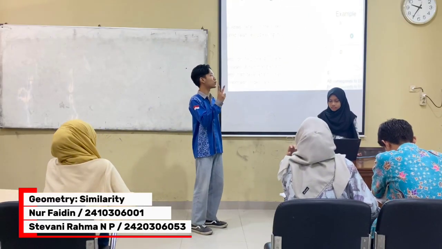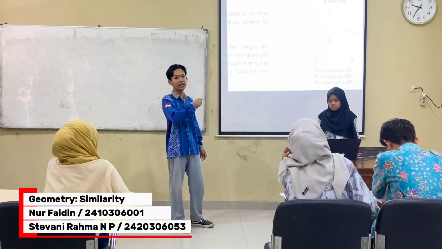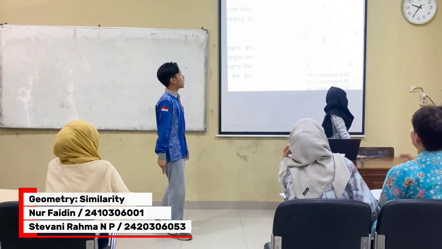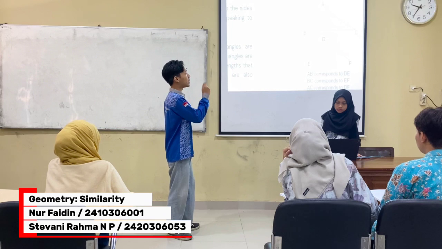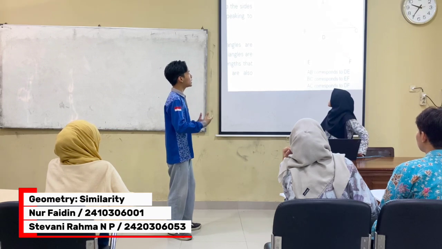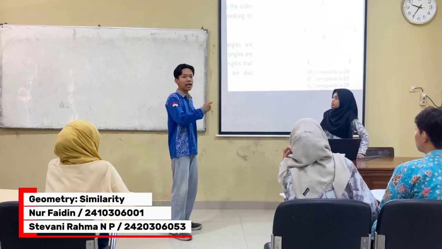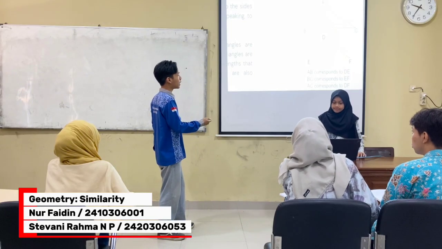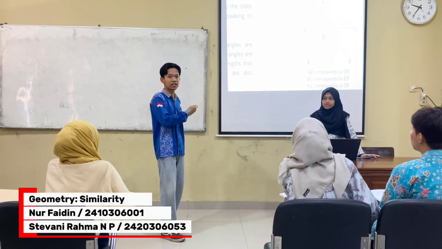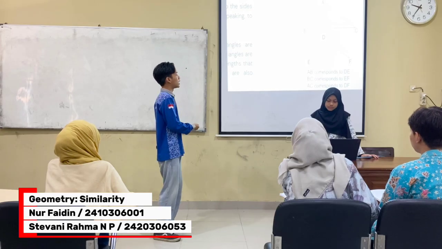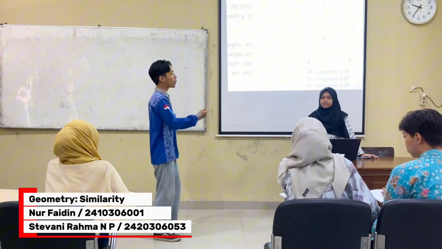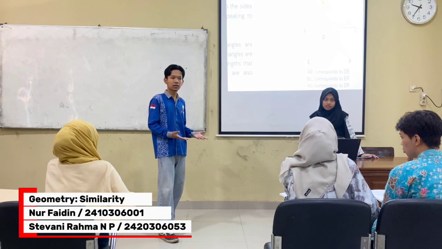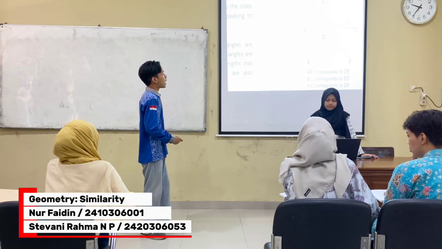I have two triangles, triangle ABC and triangle DEF. Triangle ABC has longest side AC and triangle DEF's longest side is DF. So AC corresponds to DF, right?